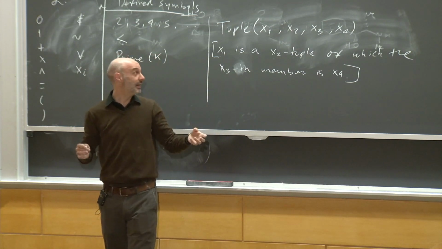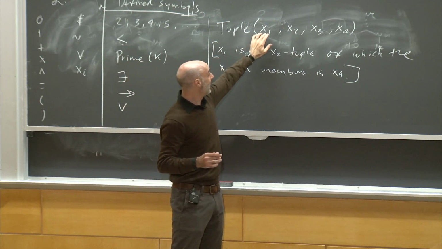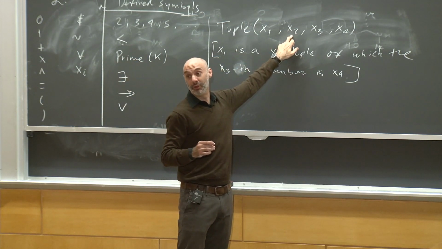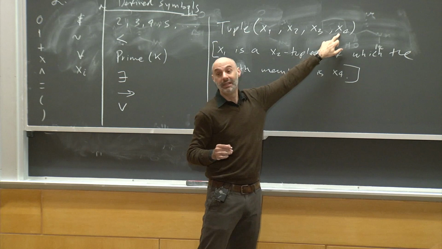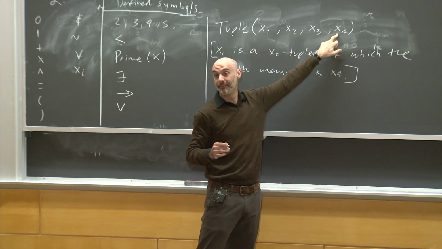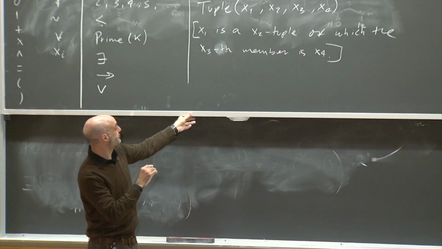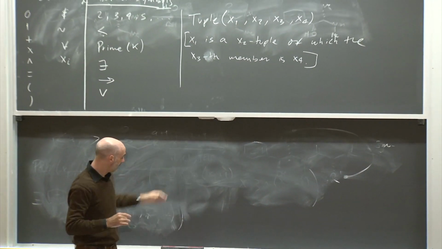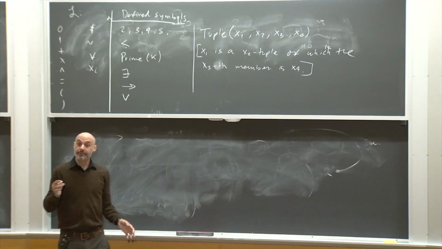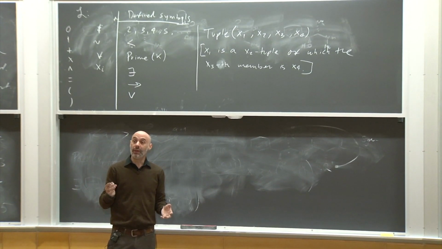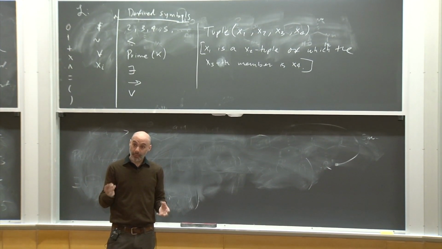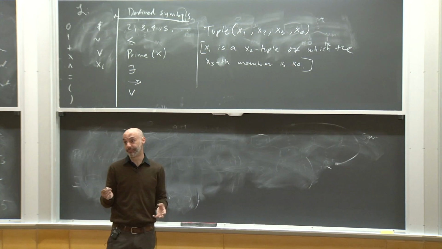So you could say something like, that guy codes a 5-tuple, of which the third element is 17. So we now have that amongst our defined bits of vocabulary. Now what we want to do is start using numbers to code up Turing machines.